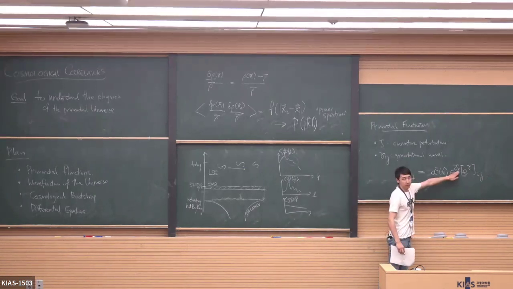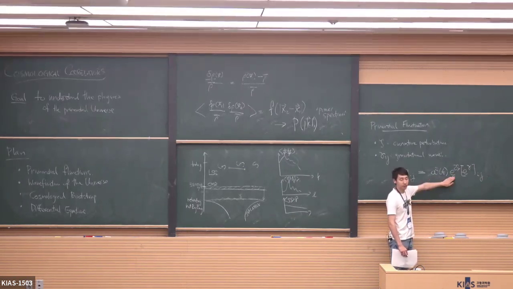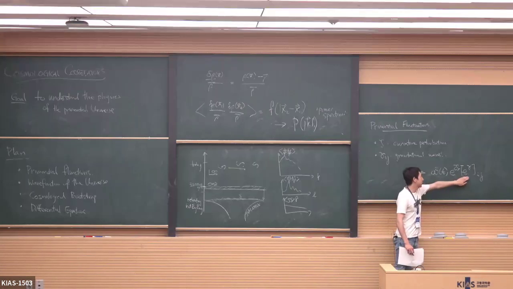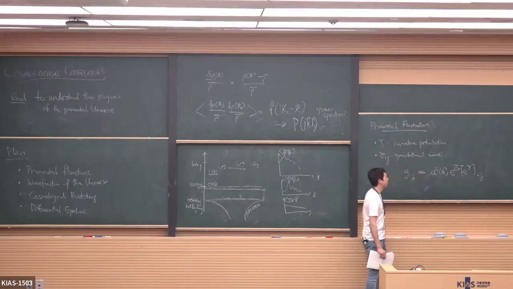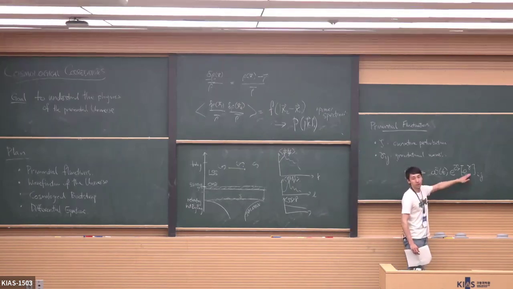And this zeta is the curvature perturbation, which is basically the local fluctuation in this scale factor. So this is a scalar quantity. And then there's the traceless transverse part of the perturbation given by this gamma.